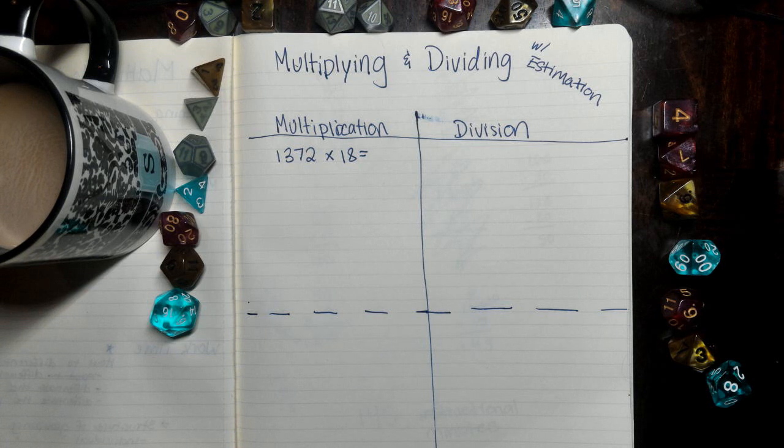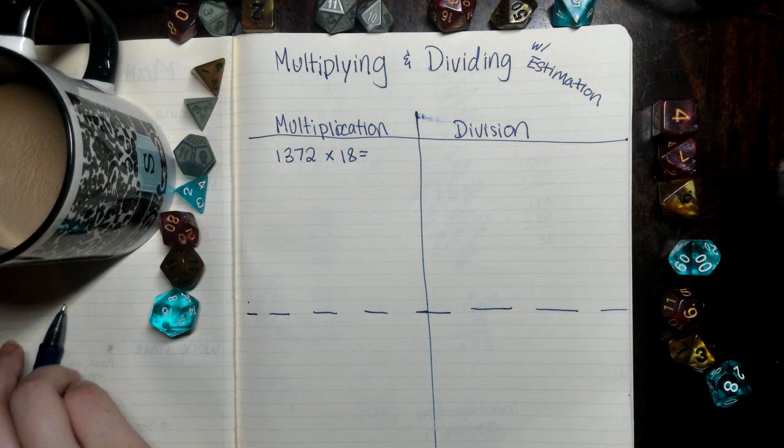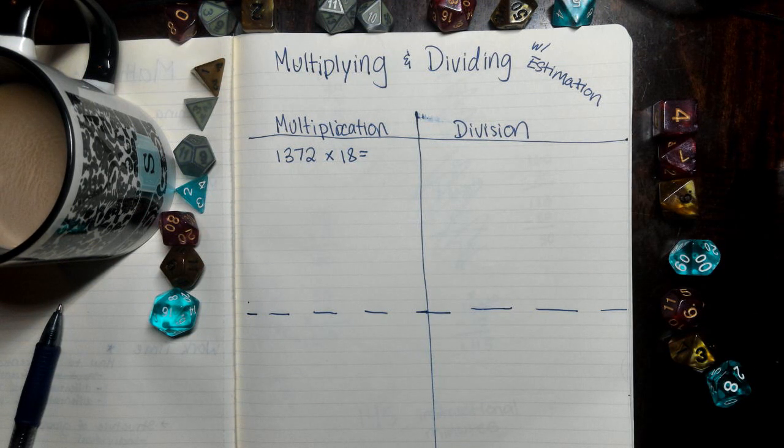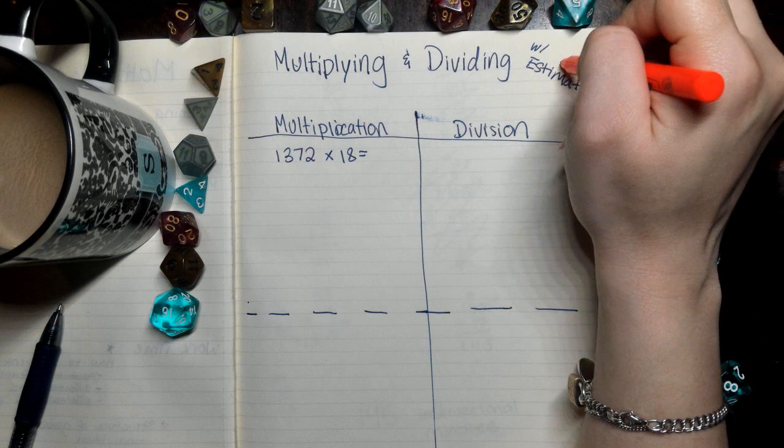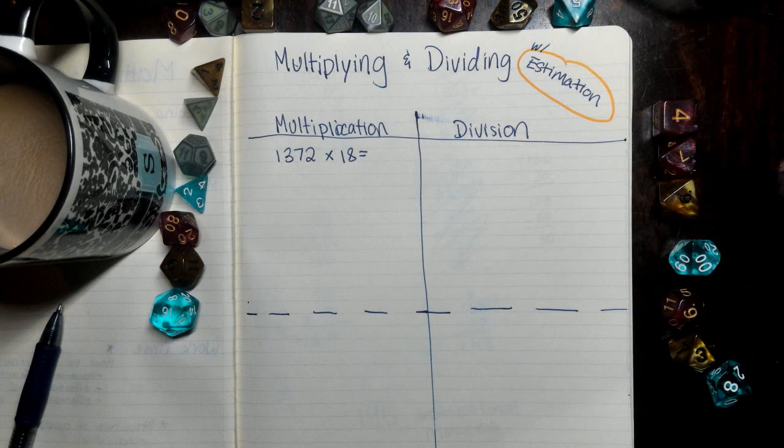So that does affect how we do our standard algorithm, but we'll get there in a second. See, when we put that we were going to estimate, that estimation really needs to come before you actually solve the problem. Estimating afterwards can help. It can help you figure out if your solution is reasonable or not. But you really want to estimate beforehand.